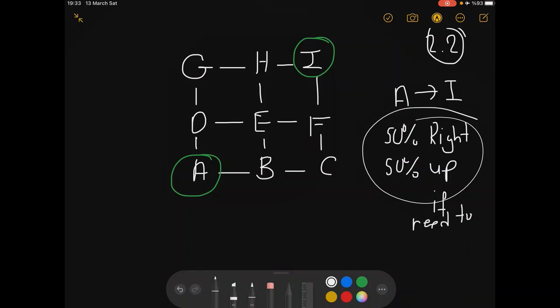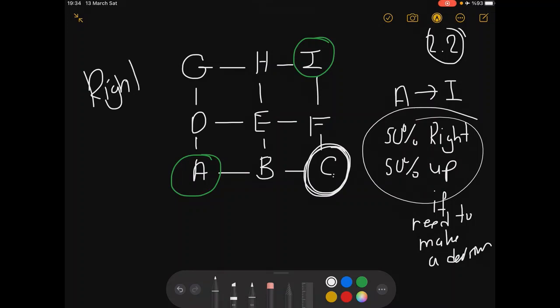So, for example, do I have to make any decision here if I'm at C? No, because the only actions allowed are to go right or up.